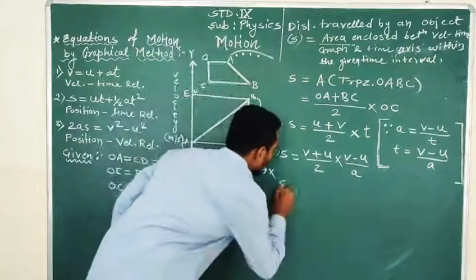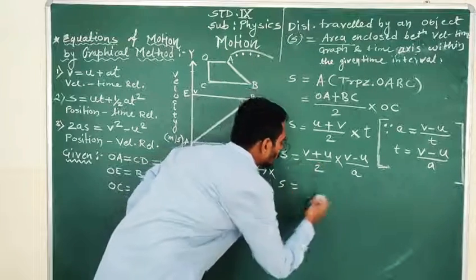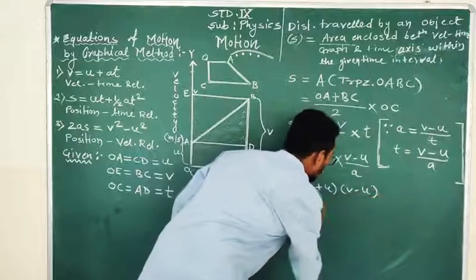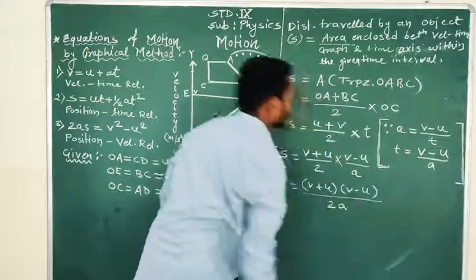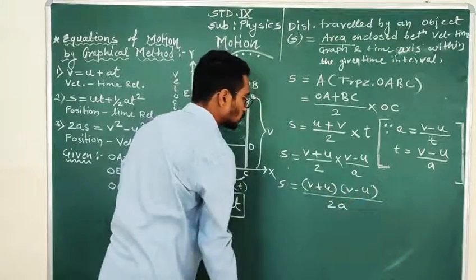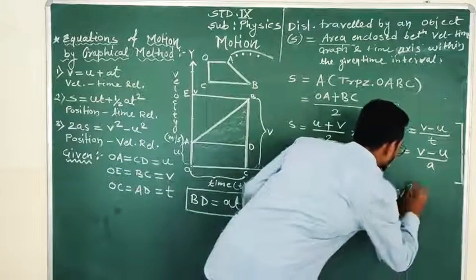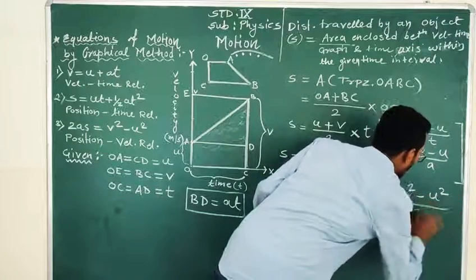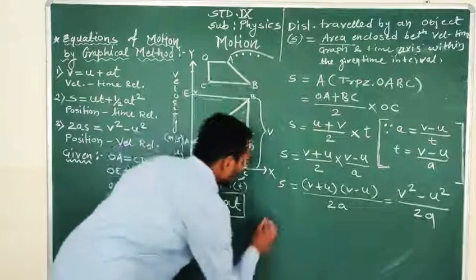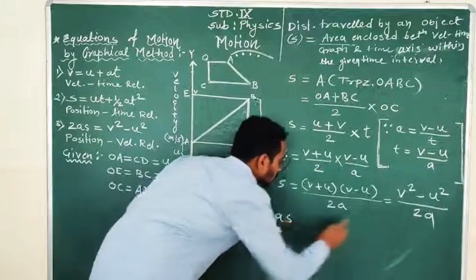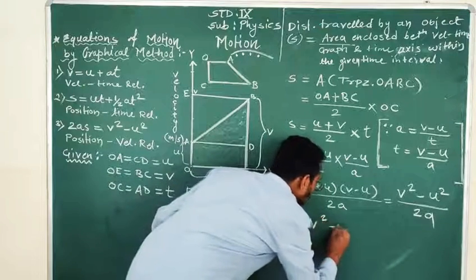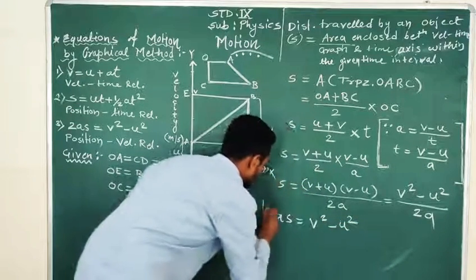Now s is equal to multiplying these two, v plus u, v minus u by 2a. Here you will get one formula: v plus u into v minus u is equal to what? v square minus u square by 2a. Now this 2a goes into multiplication: 2as, ये 2a इधर मल्टीप्लिकेशन में आ गया, 2as is equal to v square minus u square.